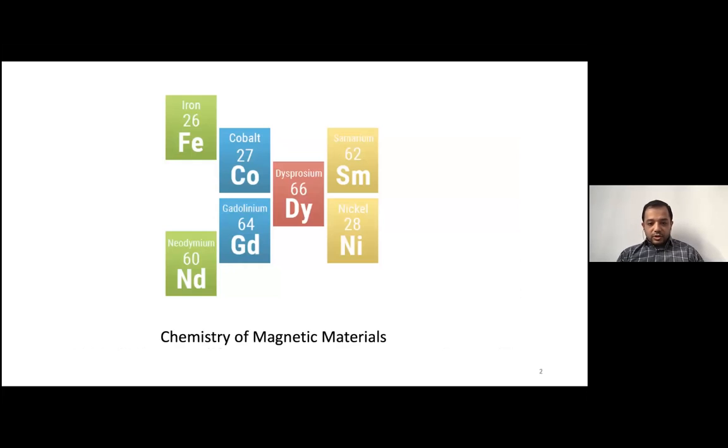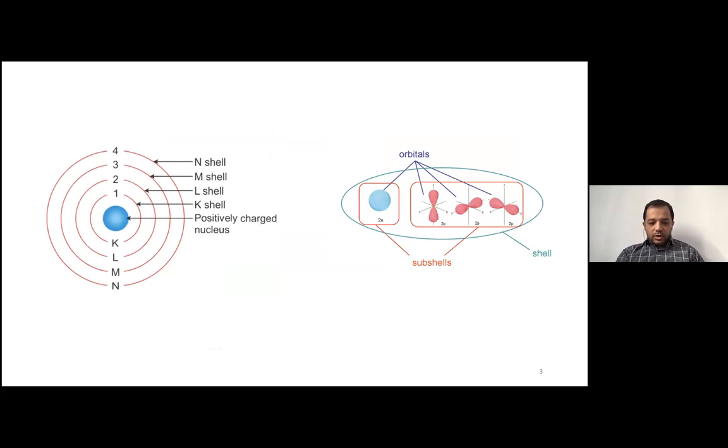So let's get started. Now, to understand magnetism, we should start from the beginning, not from the Big Bang, of course, but from the chemistry of the magnetic materials. So you must be familiar with the shells and orbitals. An electron shell is the outside part of an atom, as you can see in this image, around the atomic nucleus.